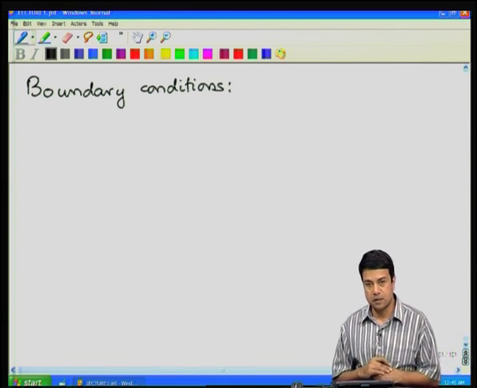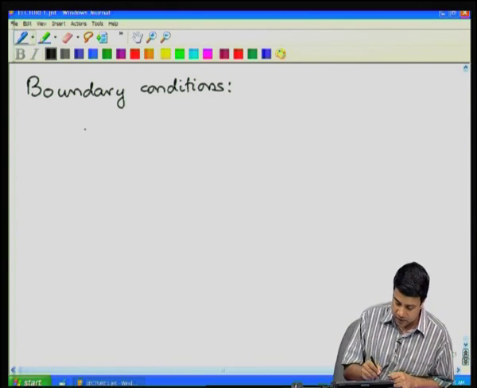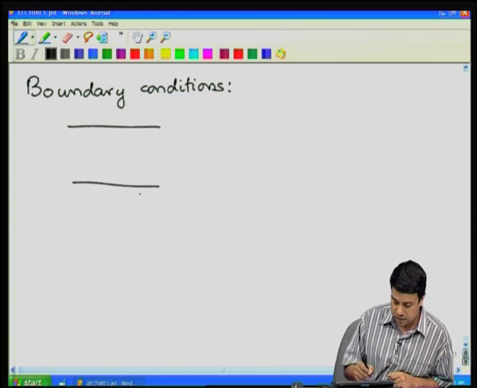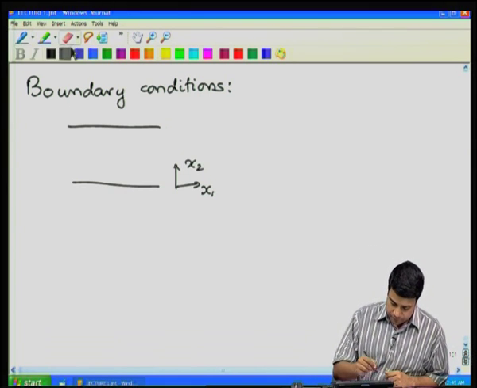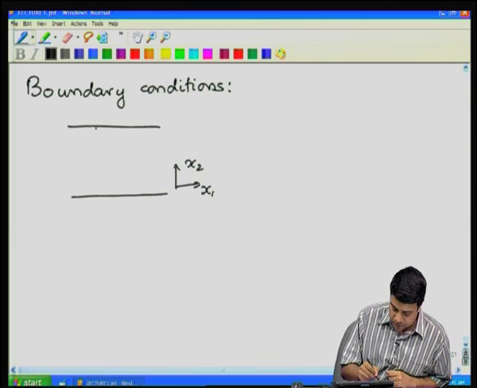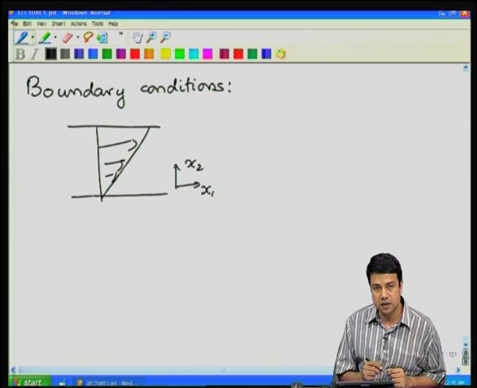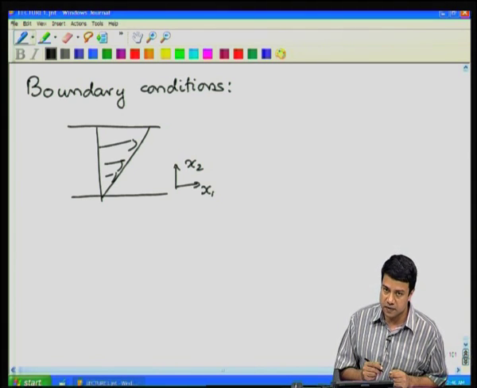So, let us briefly discuss the boundary conditions. In physical systems, for example, if I have the flow between two flat plates, or the flow in a pipe, normally, the boundary condition at solid surfaces that you specify is that the fluid velocity at the surface is exactly the same as the velocity of the surface itself.